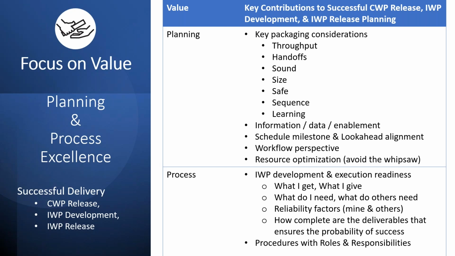These are questions that we should be asking, and not just stamping an IWP out. What are the reliability factors? How am I going to finish on time so I can pass the work on to others, and they remove my IWP as a prerequisite, right? And then I can track their IWPs as a prerequisite to my work. And how complete are the deliverables that ensure the probability of success, right?